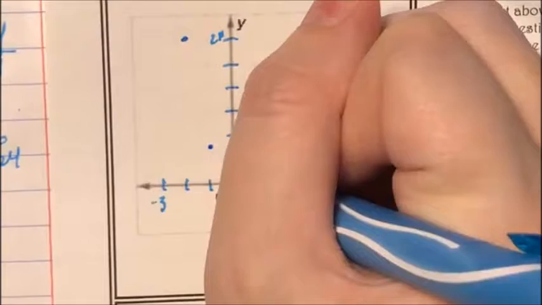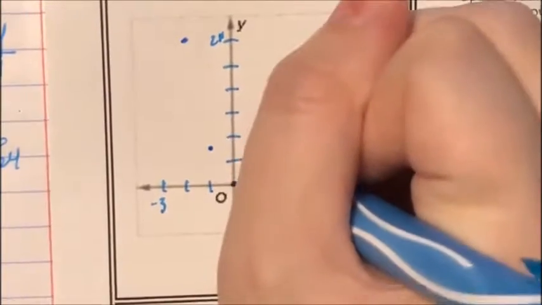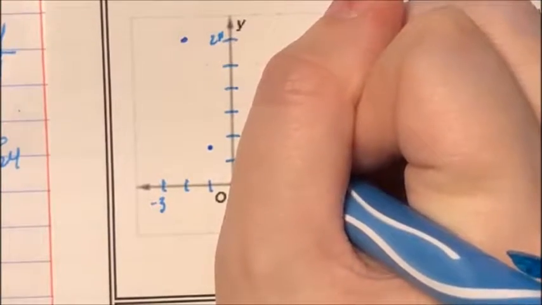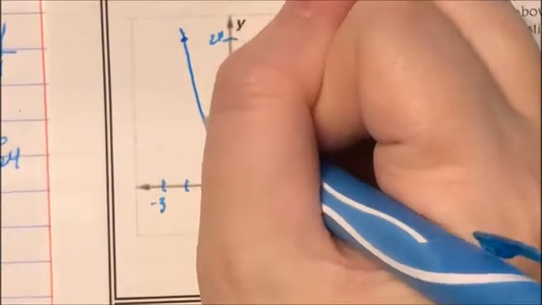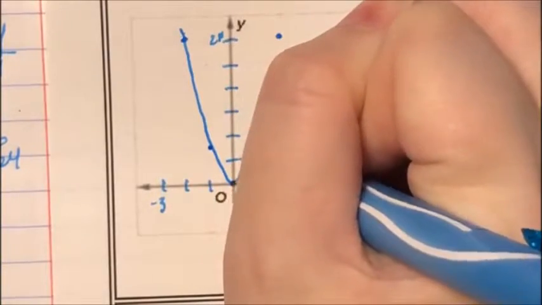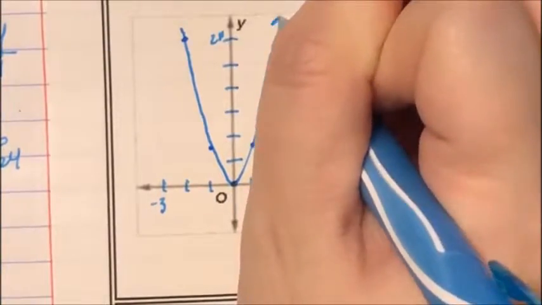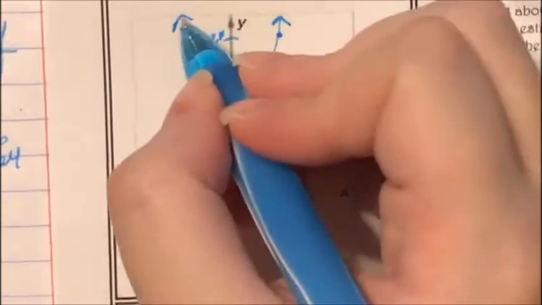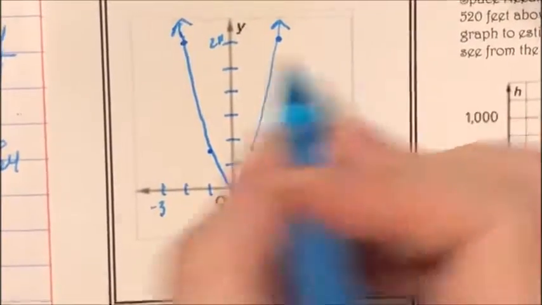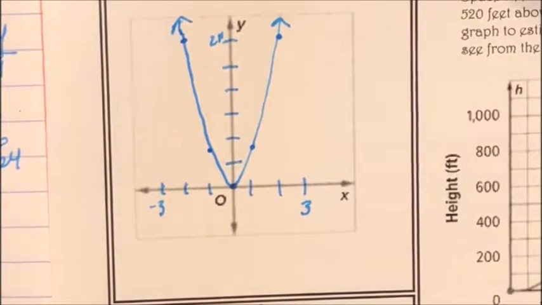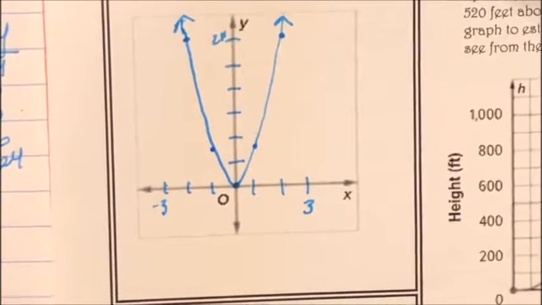Here's 1, 6, 0, 0, 1, 6, 2, 24. Okay, and then I'm going to connect my lines. Okay. So that's y equals 6x squared.